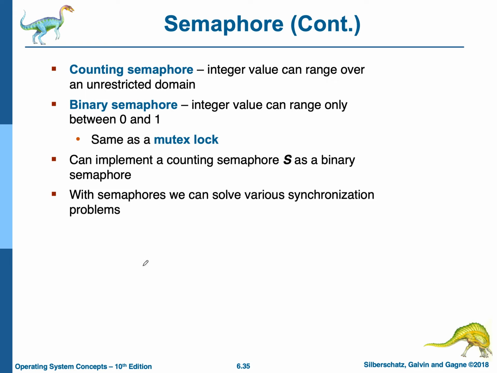Okay, for example, if I have an array of processes P1, P2, P3, P4 and P5, and this array can go into the critical section.